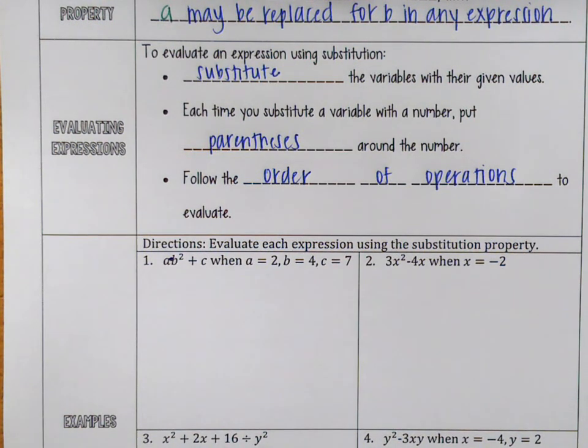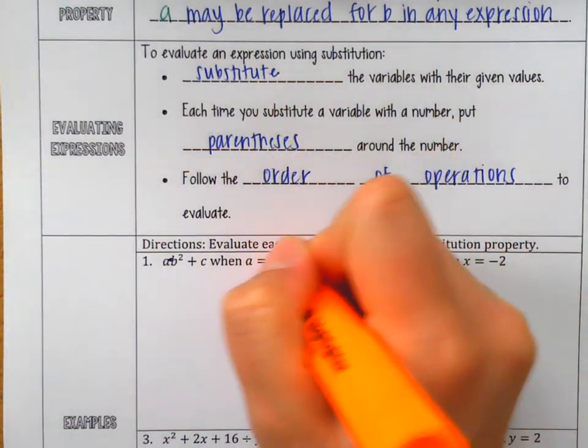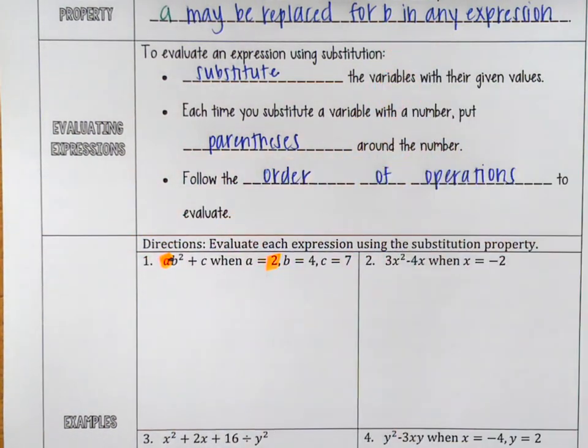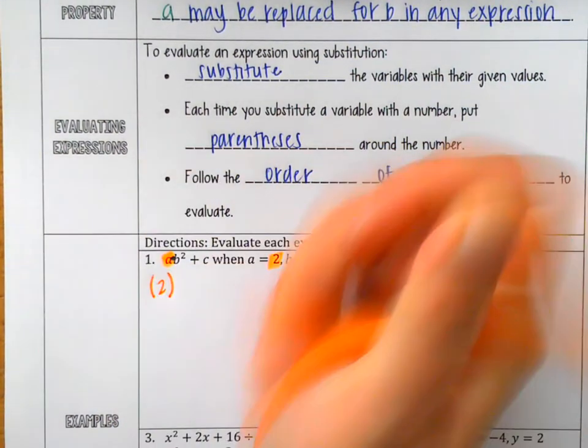So what we're going to do is substitute. We know A is equal to 2. So in my expression, instead of writing A, I'm going to write 2, in parentheses.